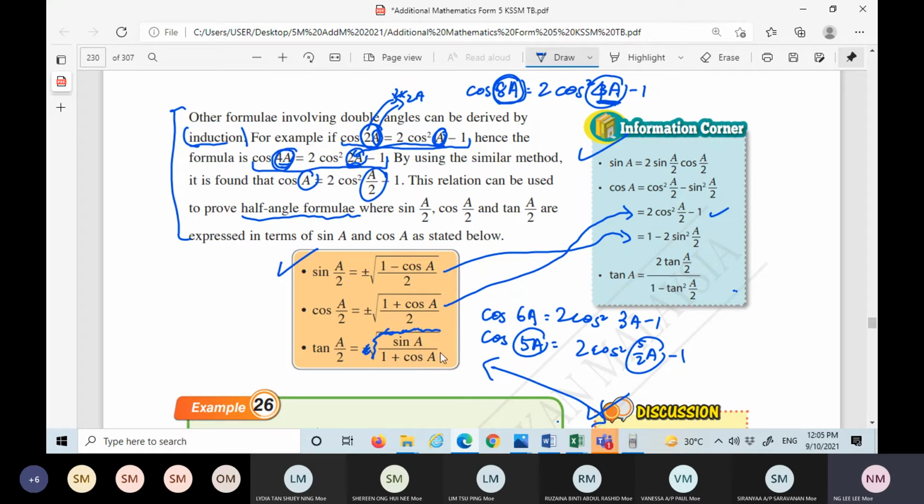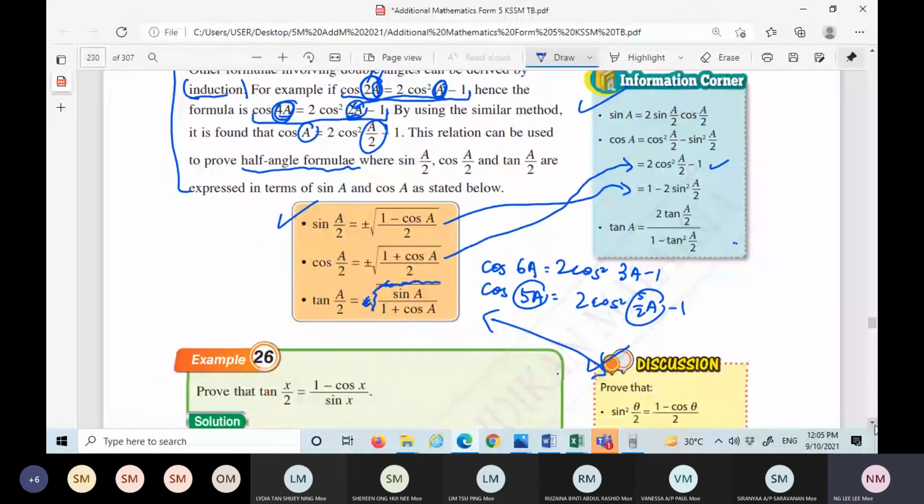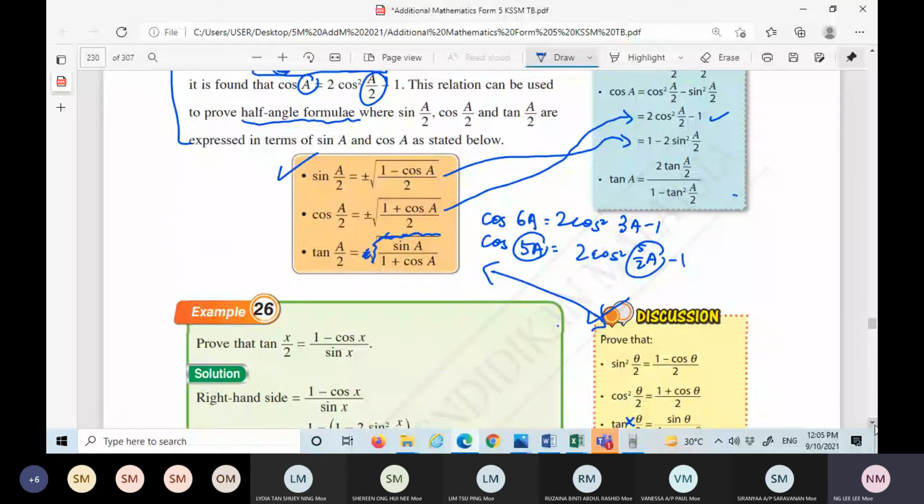This one, you have to use... I will write the method for you, in case.